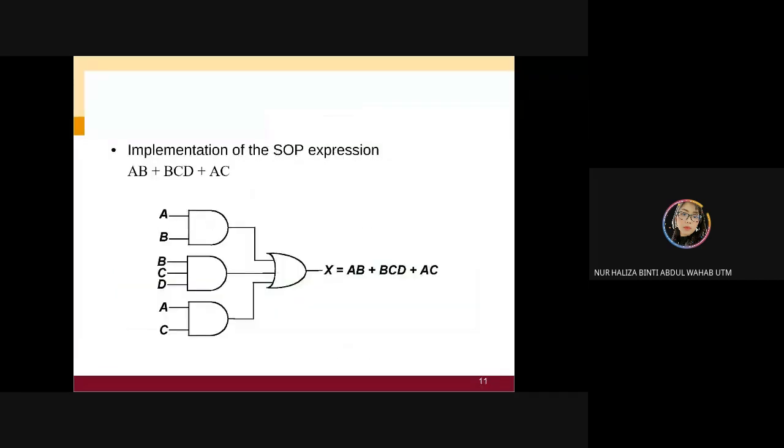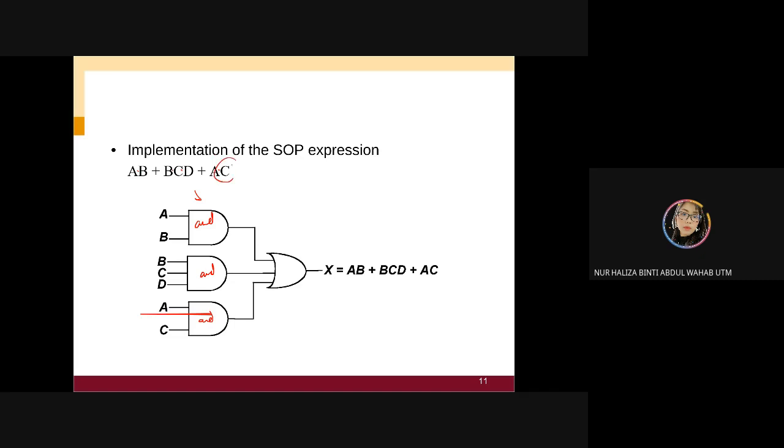Okay, that is SOP. And in terms of the circuit, how will it look? This one is easy because you already know how to draw the circuit. This one you multiply, which is an AND gate. This one you multiply, which is an AND gate. This one is also an AND gate.